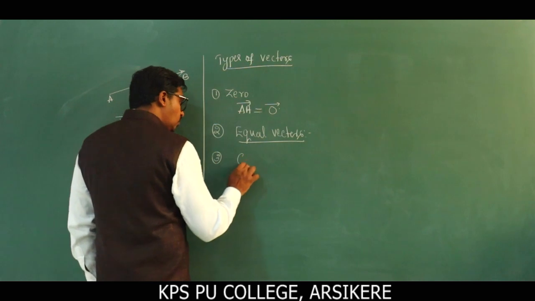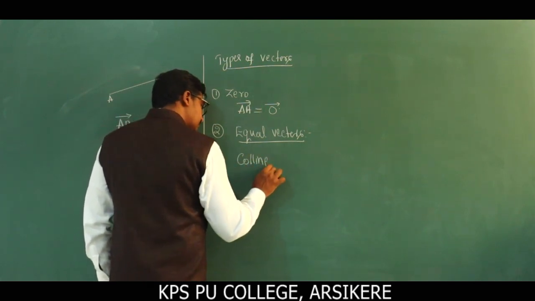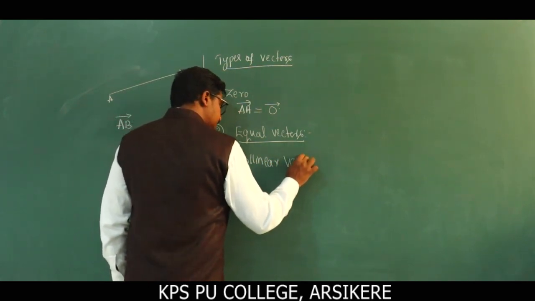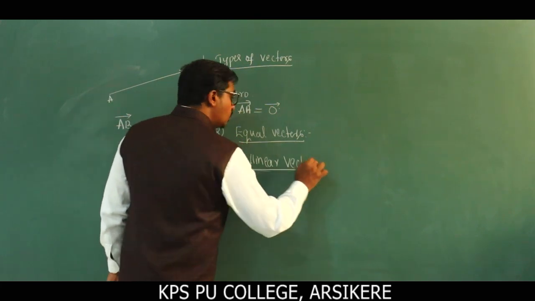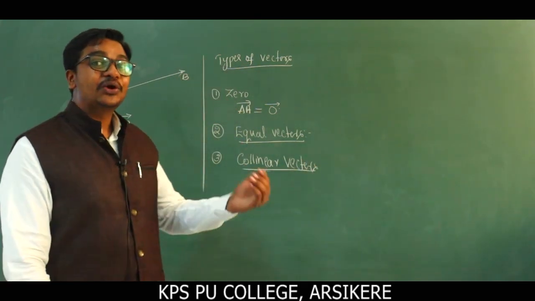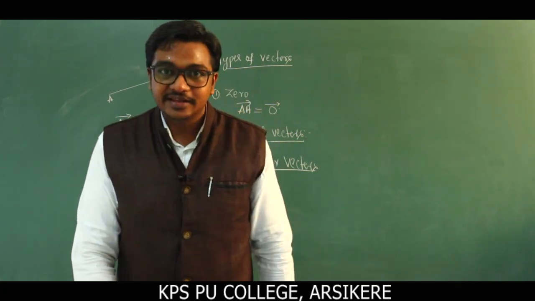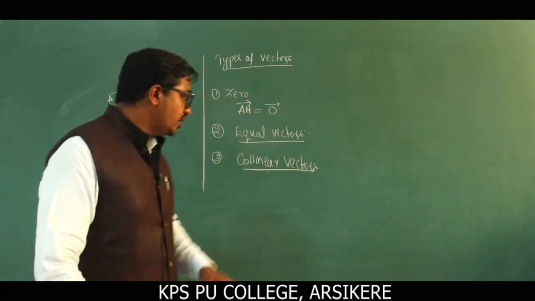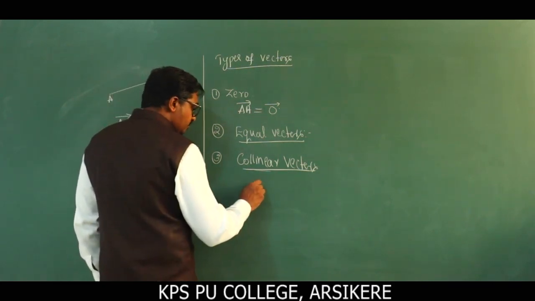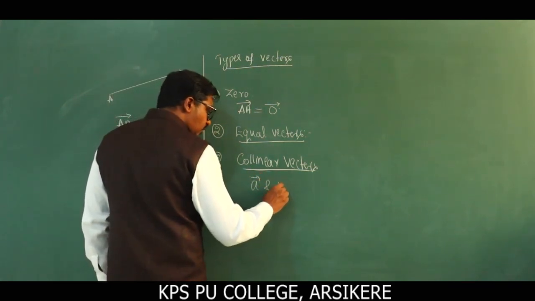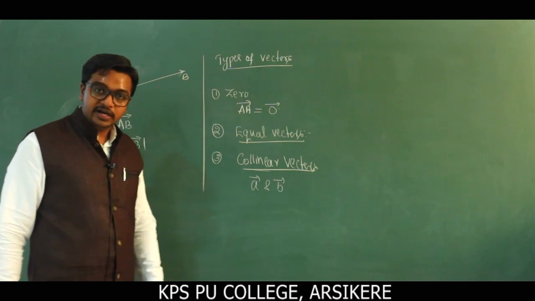Third one, collinear vectors. Two or more vectors are said to be collinear if they are parallel to the same line. Suppose vector A and vector B are collinear, then we have a very important condition.